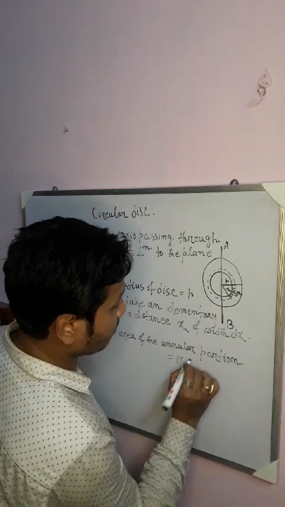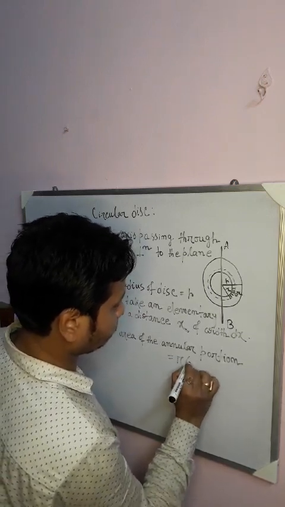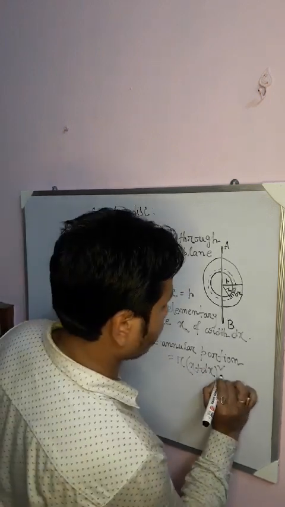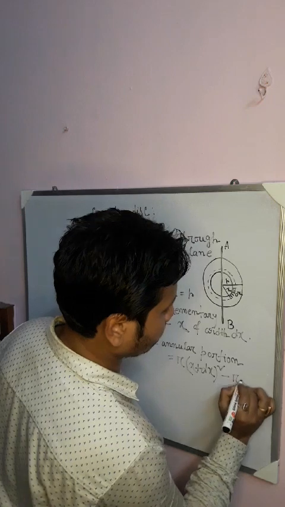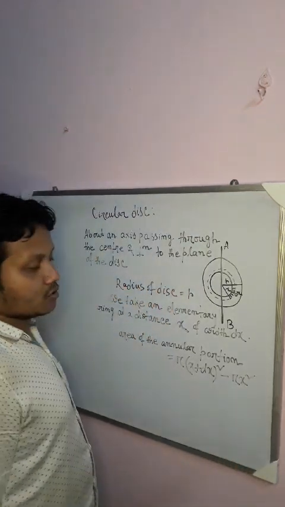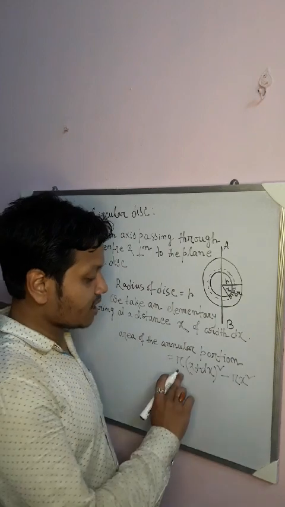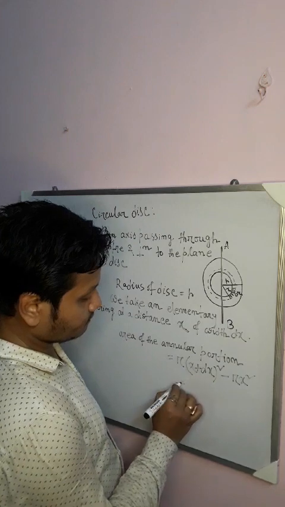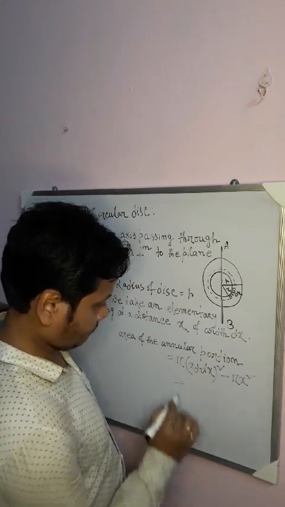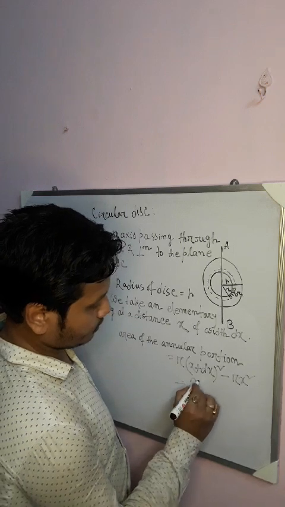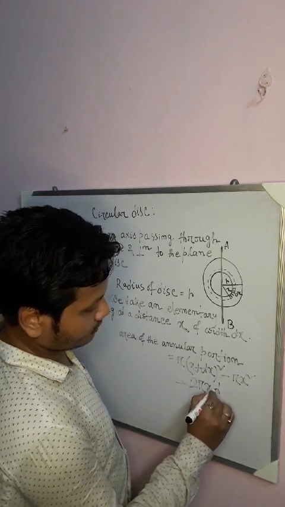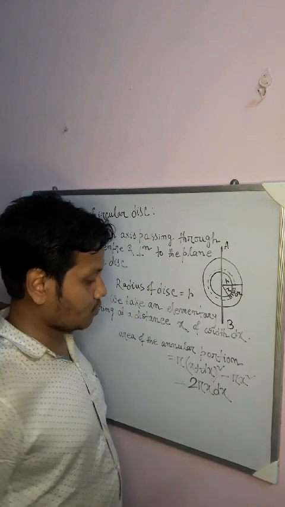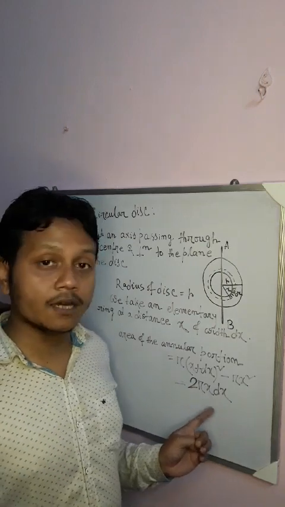So the total is pi into (x plus dx) whole square minus pi x square. If we simplify it, the result will be 2 pi x dx. So this is the area of the annular portion.